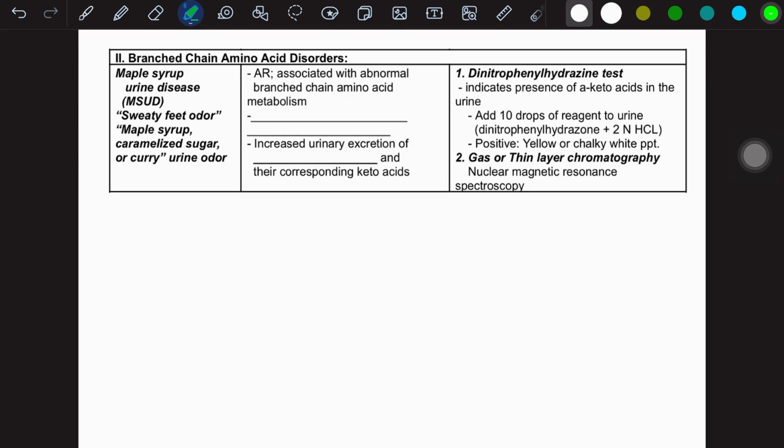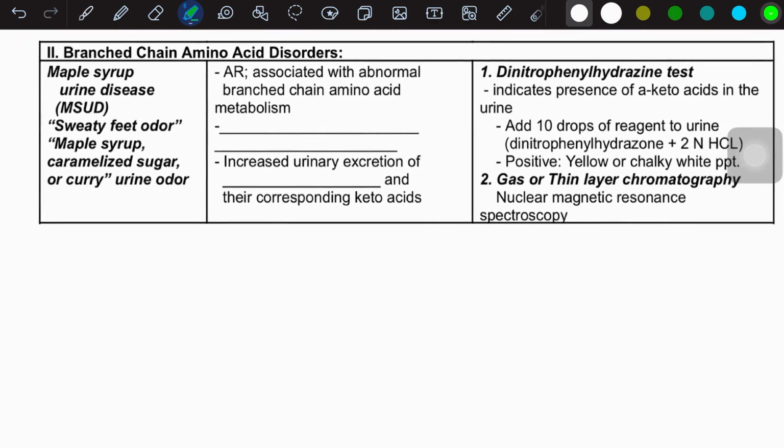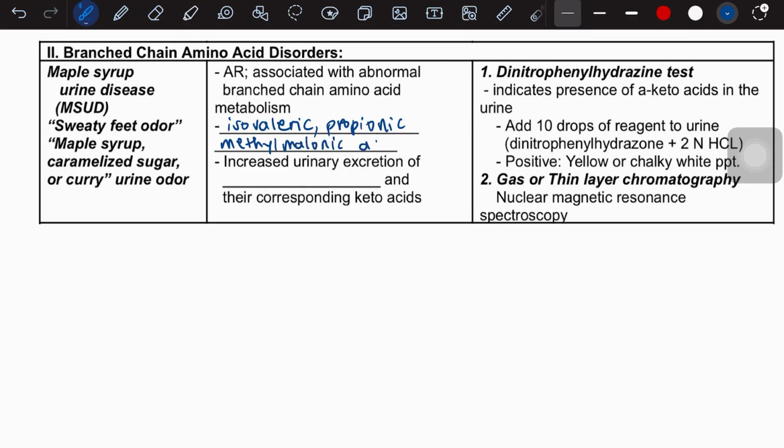Your organic acidemia, the three most frequently encountered are isovaleric, propionic, and methylmalonic acidemia. If you can recall, the characteristic urine odor for organic acidemia is sweaty feet odor.